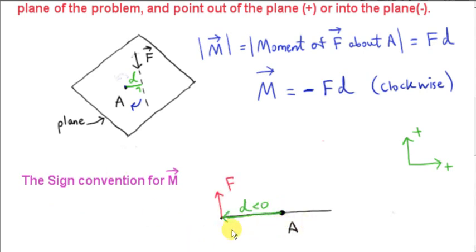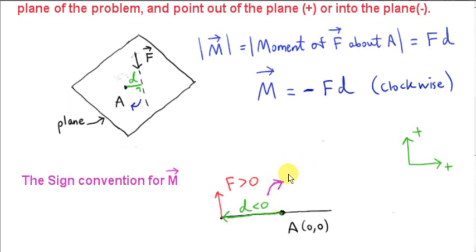Now here we could consider a different situation. So we have this bar or object or whatever, and A is at the origin. In this case you can see that F, since it's pointing upwards, is positive, but d is now negative. Now what's the turning effect of this force about point A? Well, we can see what that direction is.